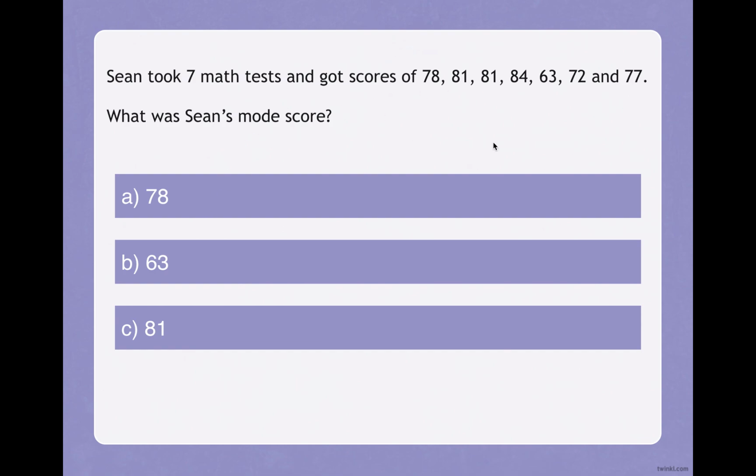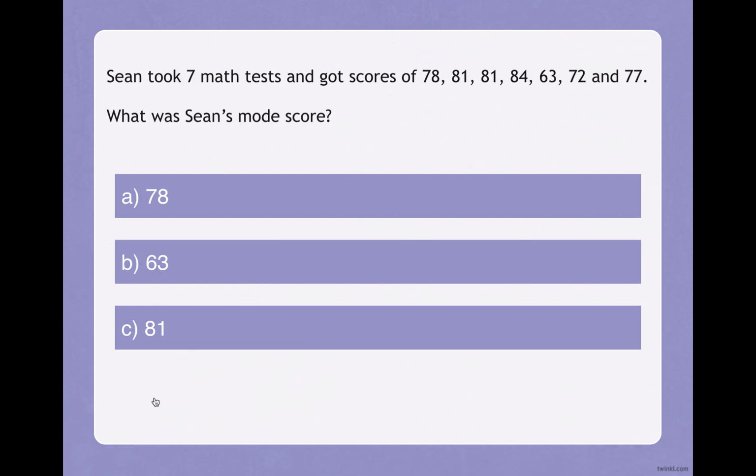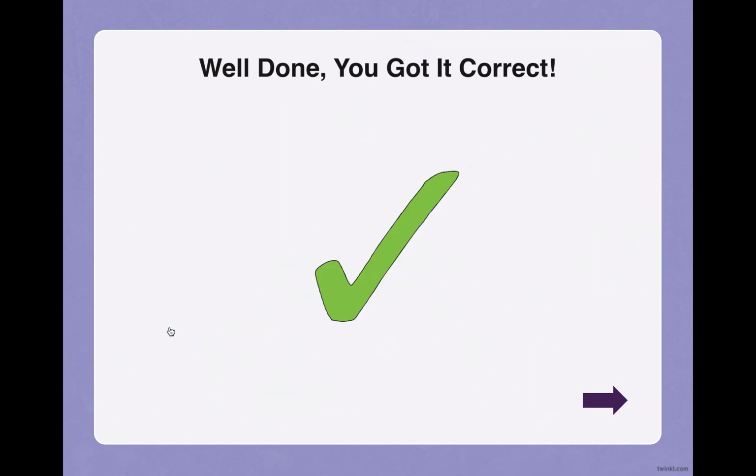Okay, so which score happened most times? So is it 63? Now, I don't think it's this low. No, definitely not. Is it 78? Nope. So that means the answer is 81, and you can see it here. 81, 81. So 81 is the answer here. All right, so you can write that in your sheet.